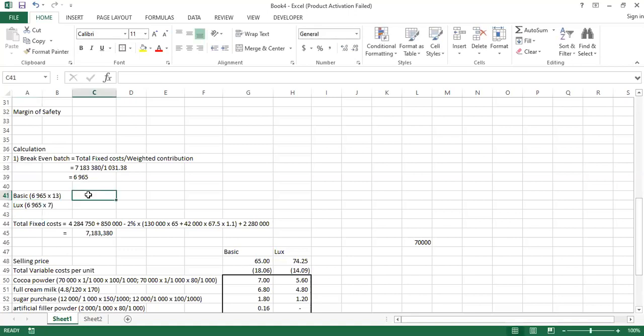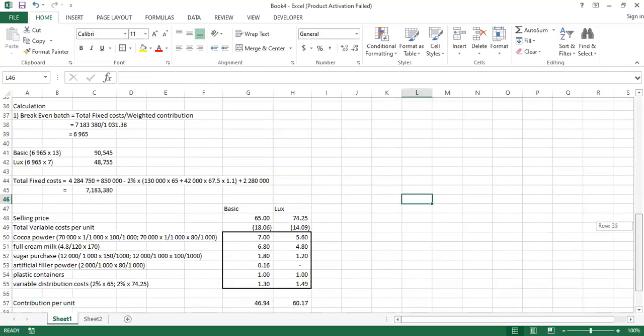We can put our answers there: 6965 times 13, and on the other one, 6965 times 7. So now, ladies and gentlemen, these are the units that you need to sell respectively in order for you to avoid making a loss. That's basically it.